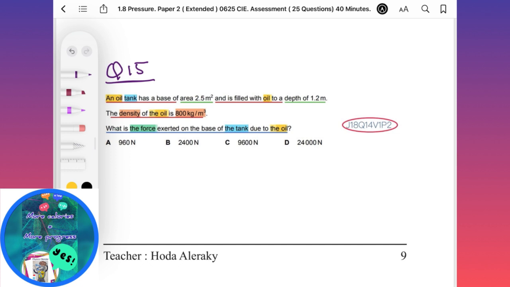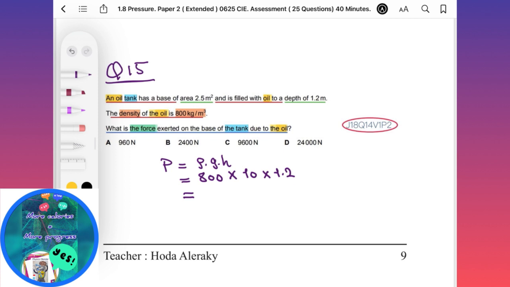Pressure is equal to, you have to find first the pressure due to liquid, rho g h. You have the density of oil, check you have consistent units, kilogram per cubic meter, g is 10, and depth is 1.2 meters, so units are consistent.